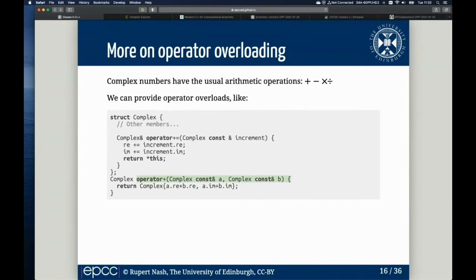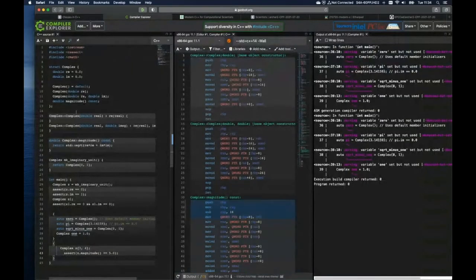So we've got 2 different types of operator overloads here. First, remember, these are just functions with slightly unusual names. This first one does the operator plus equals, and this is a member function, because this has to be updating one of the 2, the one on the left-hand side of the plus equals operation.